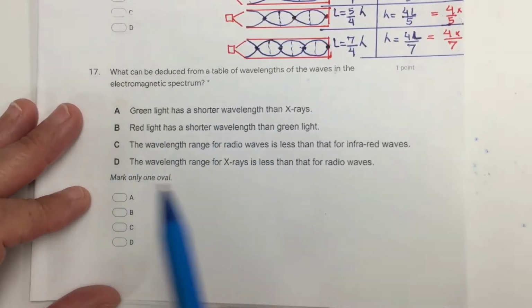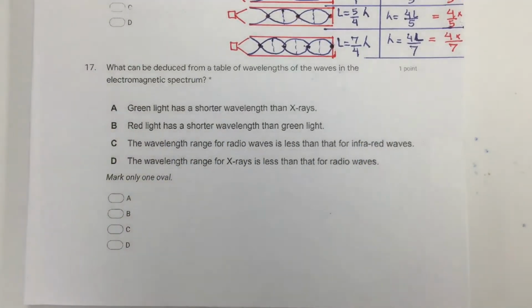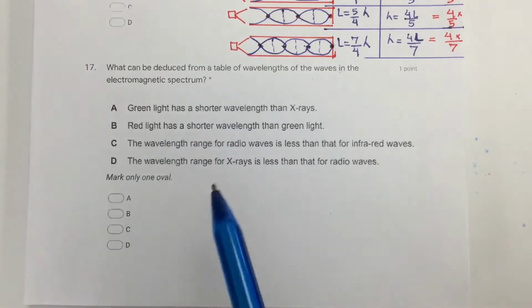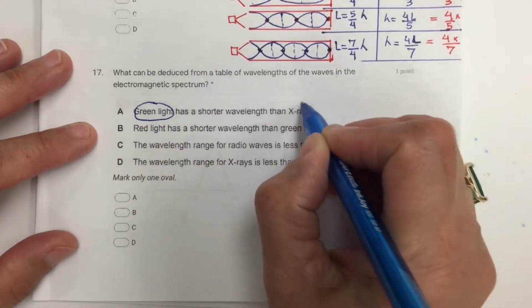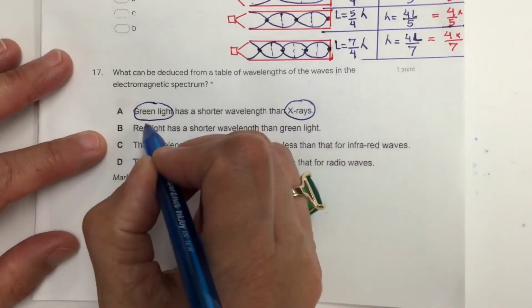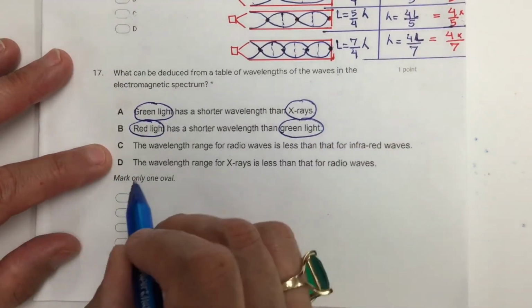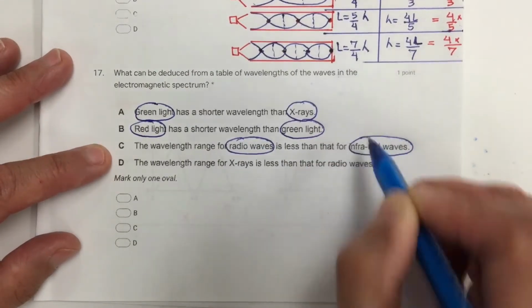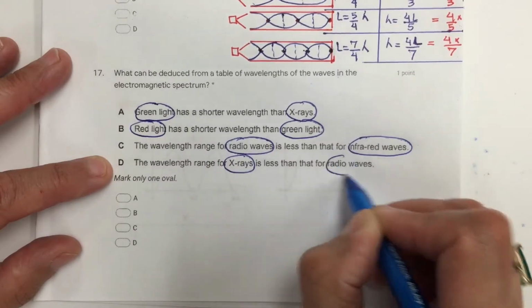So before going to our class notes, let's spot what are the wavelengths that each question is talking about. Question A is green light and X-ray. B is red light and green light. C is radio waves and infrared waves. And D is X-rays and radio waves.